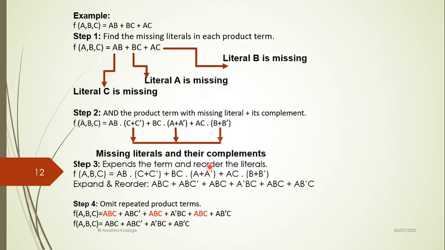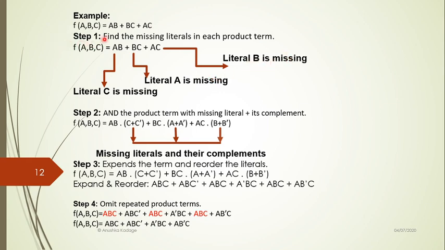Let's check this with one example. Let's see that this sum of product form has been given. Here the ORing is between these ANDing terms. I am saying this is a sum of product, but it is not a standard sum of product. Why? Because in the first term C is missing, in the second term A is missing, and in the third term B is missing.